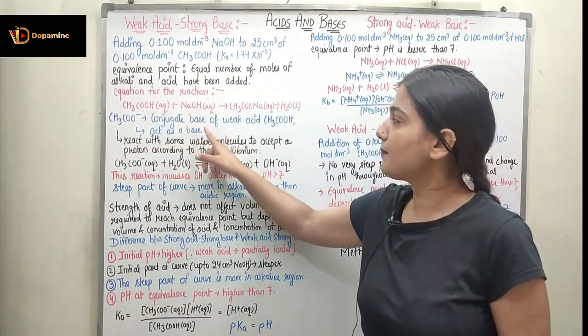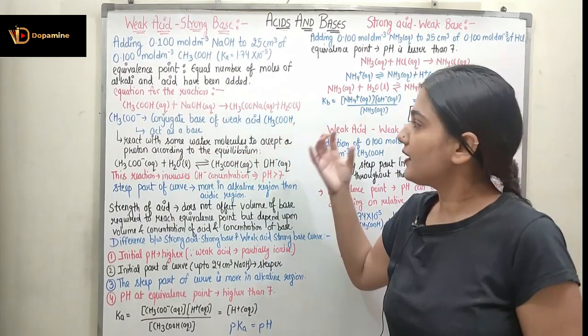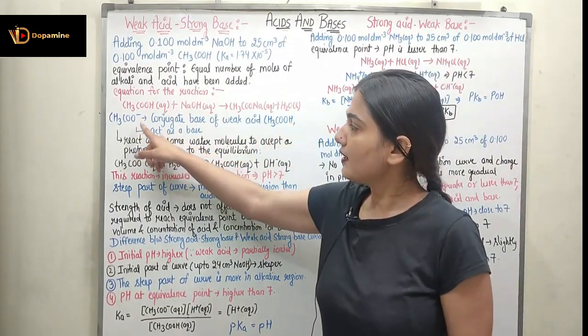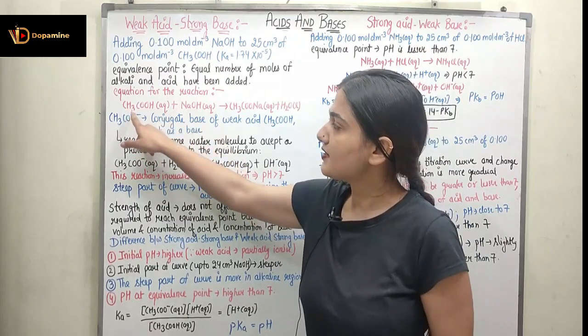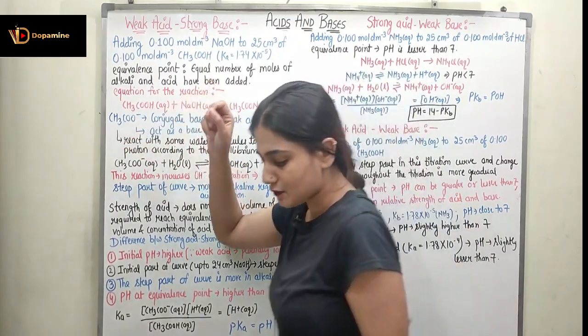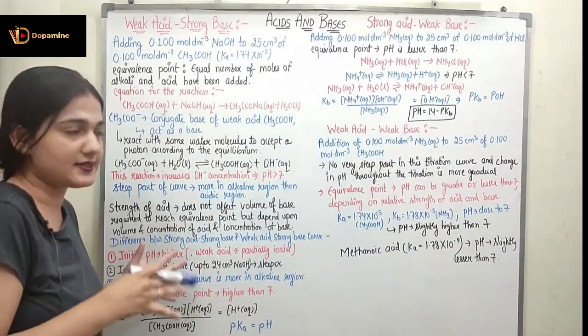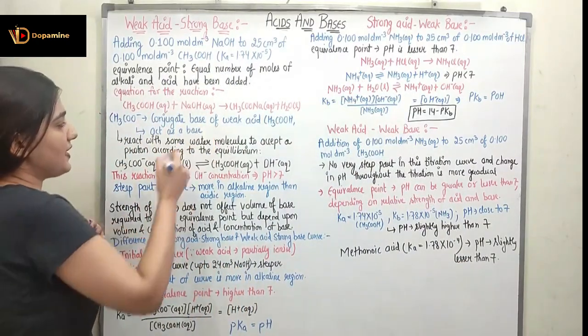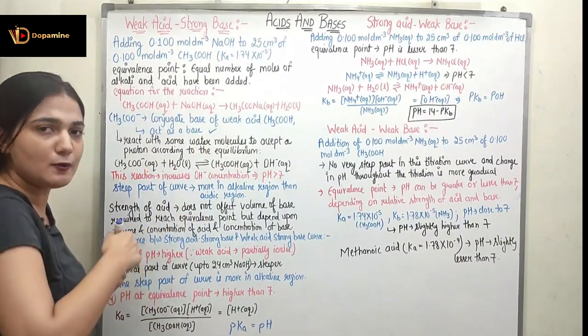It is the conjugate base of the weak acid CH3COOH. CH3COOH is a weak acid which produces the CH3COO negative ion, which is a base. So it is a conjugate base. It acts as a base, whereas it was formed from a weak acid.